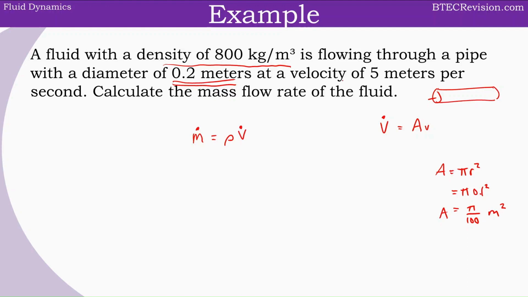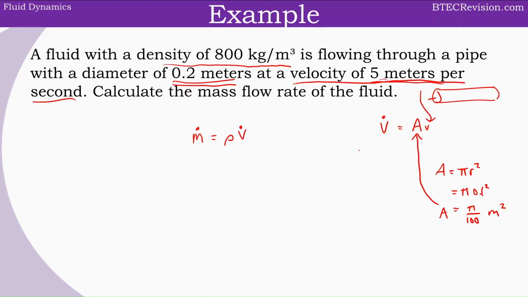Now we know the velocity as well. That's 5 meters per second. So we can plug that in to work out the volumetric flow rate. So the area times the velocity, which is 5.